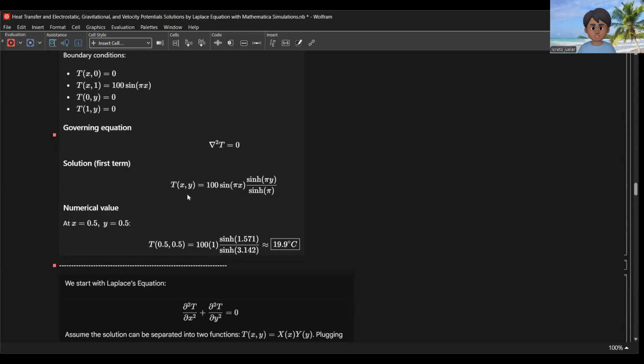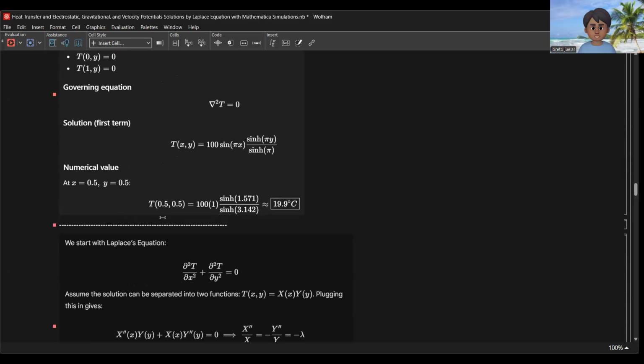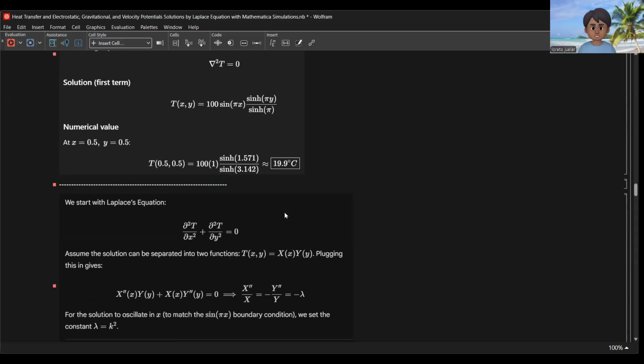So we have now the solution for this: the temperature as a function of x and y equal to 100 sine pi x times hyperbolic sine pi y over hyperbolic sine pi. Then we have the numerical values here. If x equal to 0.5 and y equal to 0.5, the corresponding value for the temperature is 19.9 Celsius.